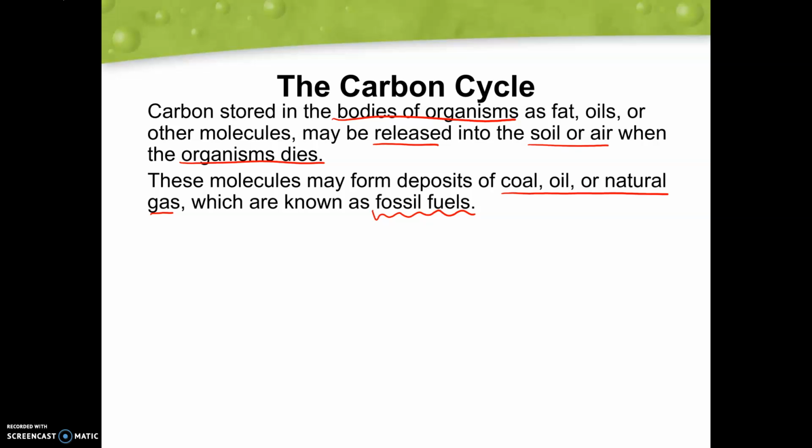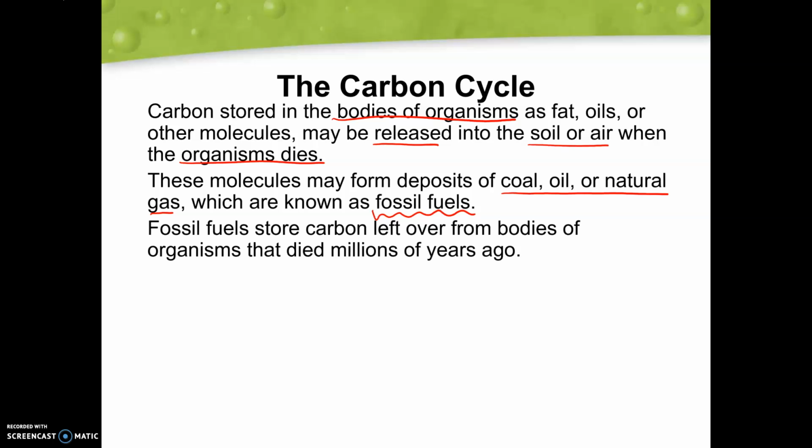And these are all part of those carbon sinks that we talked about. So carbon sinks can be in plants, carbon sinks are in animals, and then we're also going to see carbon sinks in our rock, especially limestone that we talked about slightly yesterday. So these fossil fuels store carbon that is left over from the bodies of organisms that died millions of years ago.